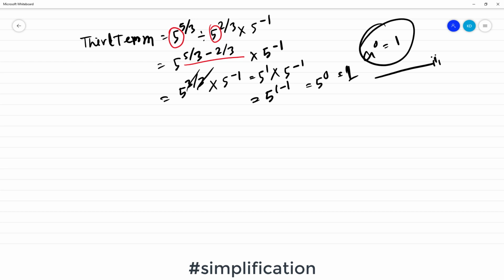So this is the solving. So finally now we multiply every term.